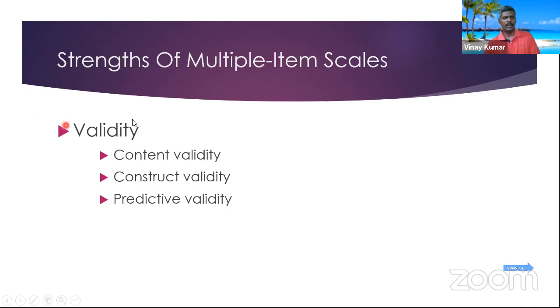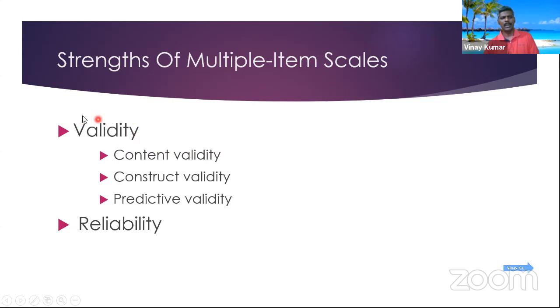So the researcher asks himself whether the scale that he has selected is valid or not with respect to content, construct, and predictive validity. Not only valid, but it should be reliable. Whether the scale selected for measurement is reliable or not. So these are the two aspects that have to be seen.